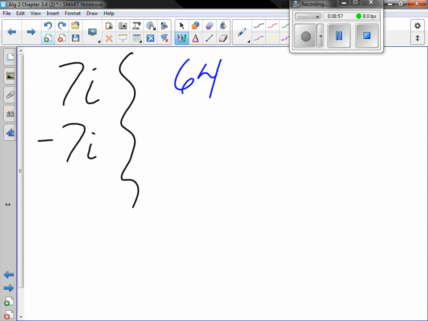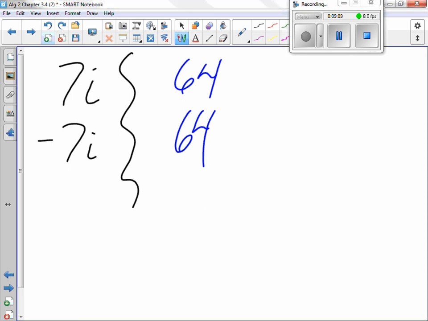Find the complex conjugate of 64. Because what are we doing? We're changing the sign in front of the term with, does 64 have a term with i? No. So really what we're saying is that I have plus 0i.